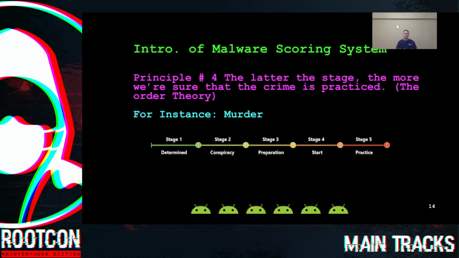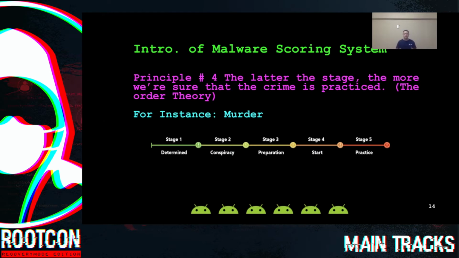And in stage four, start, it means when things are all set, the murderer takes action and is on the way to kill someone. And the last stage, stage five, practice. It means the murderer does pull the trigger and shoot someone.